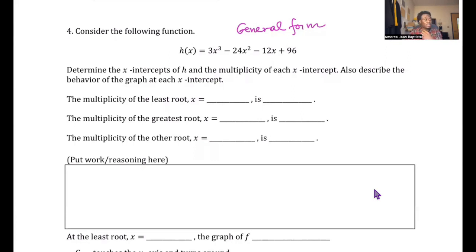But in this case, we are given a polynomial function in general form. Well, when it's given in general form, we must factor to answer those questions about the multiplicity or the zeros. So we will factor.